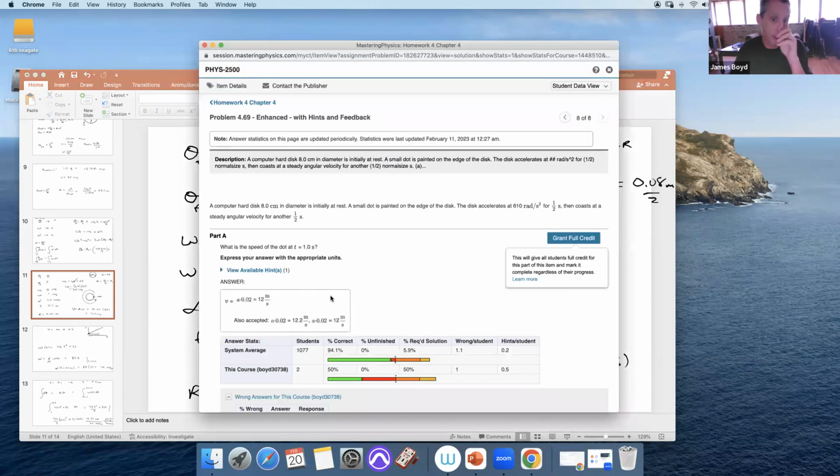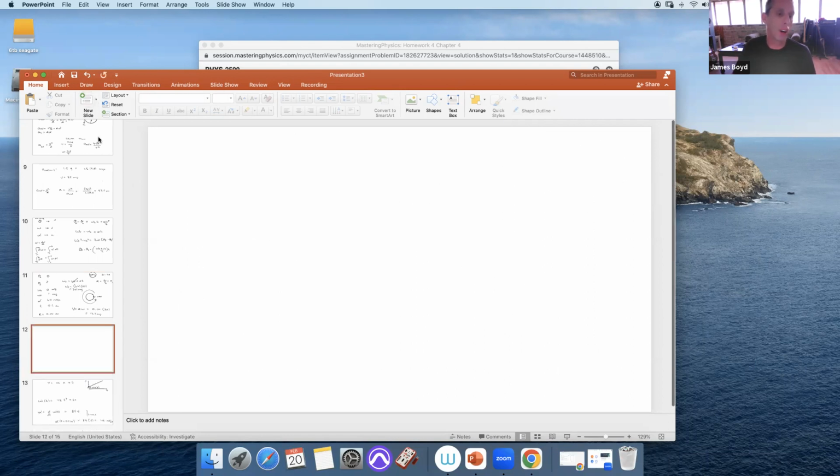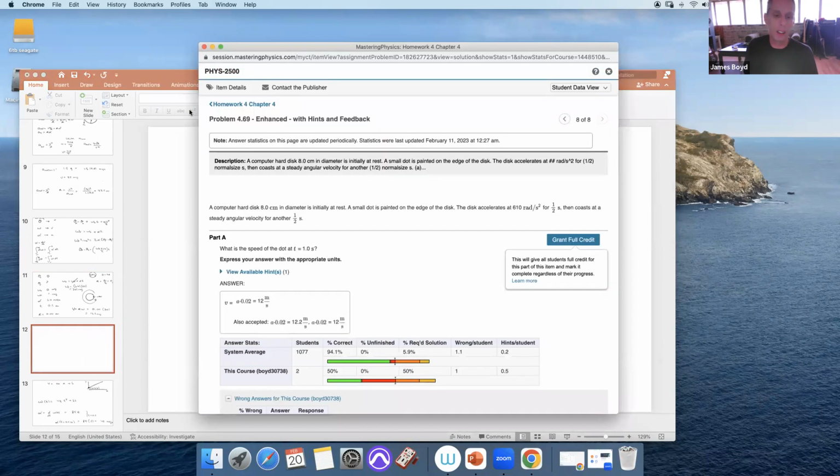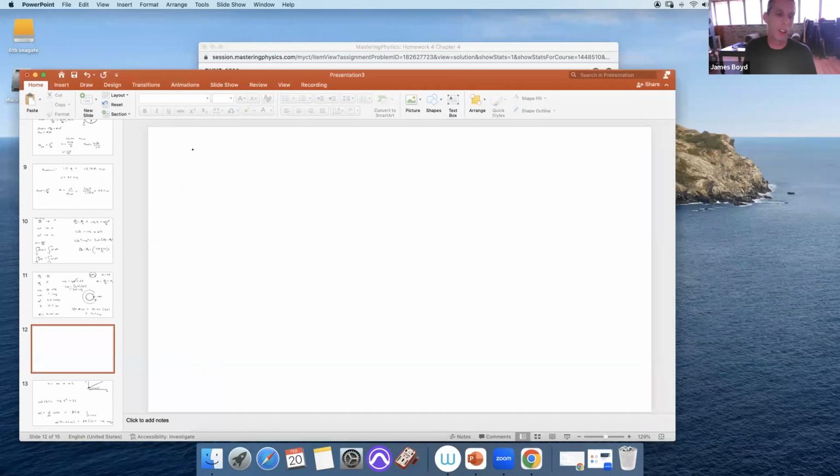Sorry, I didn't read the question. Or 12 meters per second. So we found omega final, and then we found V from that for the dot, because the dot is at the edge.